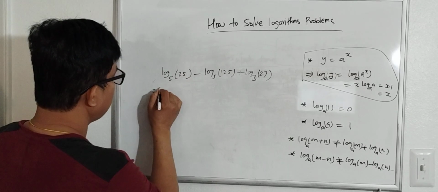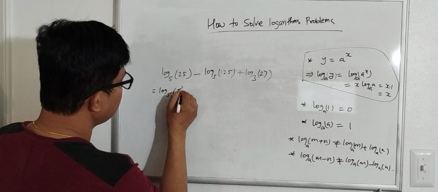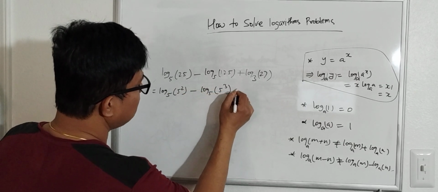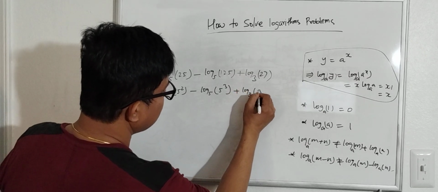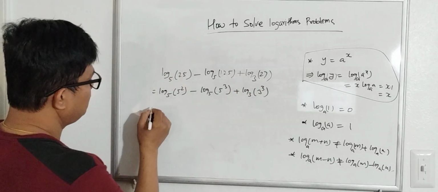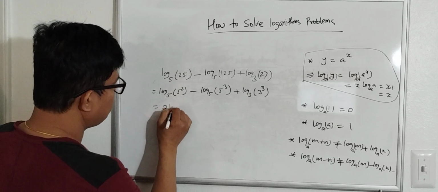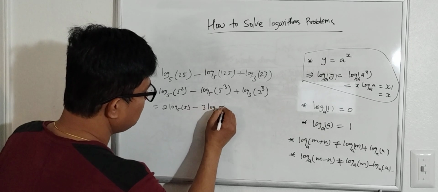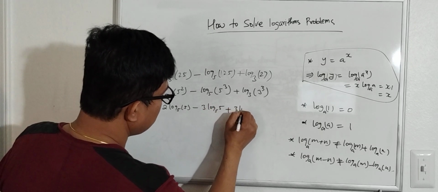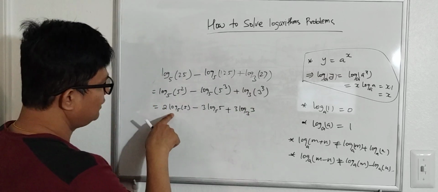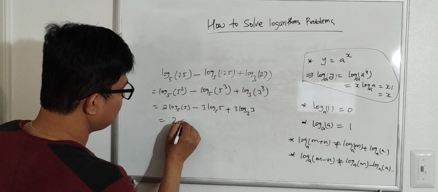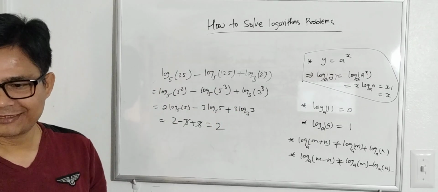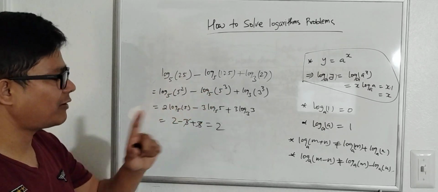Let's solve it. 25 is 5 square and 125 is 5 cube, and 27 is 3 power 3. So that will be 2 times log 5 5, minus 3 times log 5 5, plus 3 times log 3 3. See, these all are 1. So I can write 2 minus 3 plus 3, which is 2. So this is a simple way when you have this kind of problem.